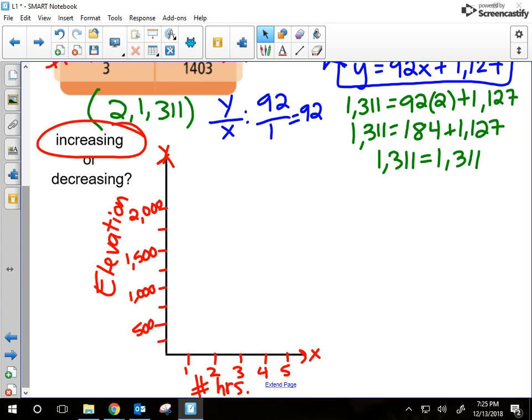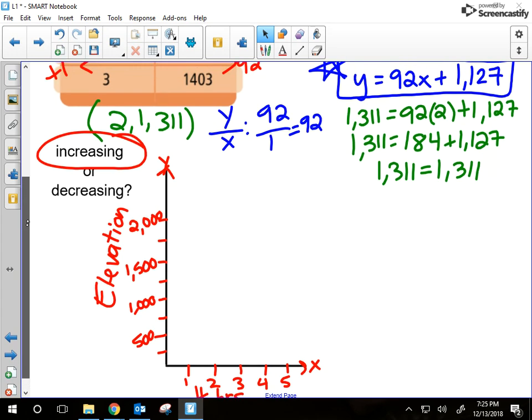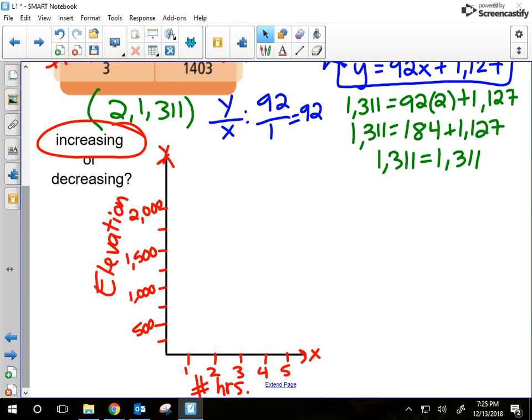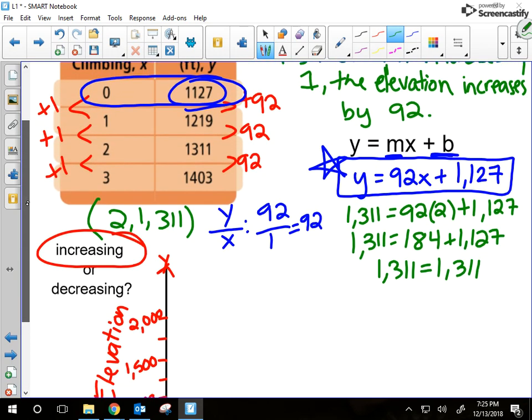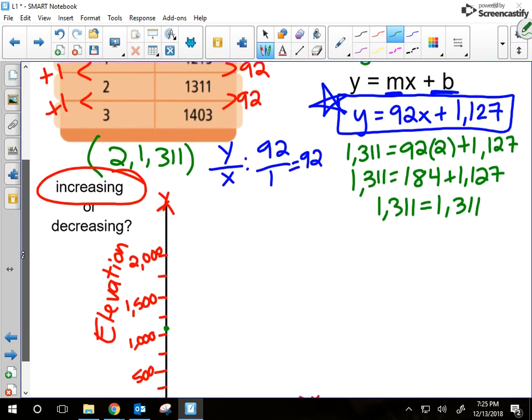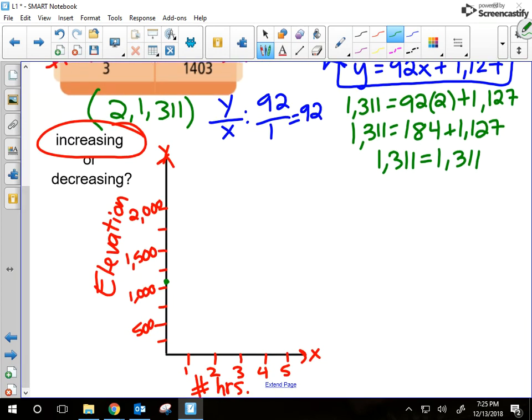So now, let's plot those points. To do that, let's start with our 0 and 1,127. 0 is going to be on this line, 1,127. If this is 1,250, 1,127 is going to be right about here. Then we go up to 1,219 after 1 hour.